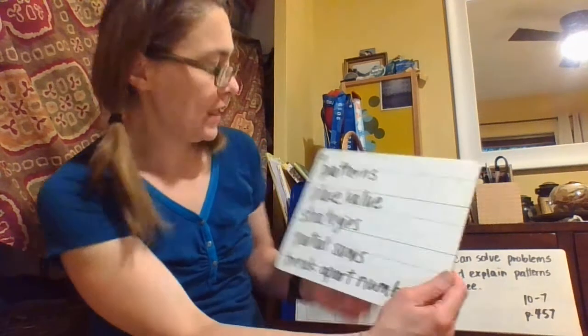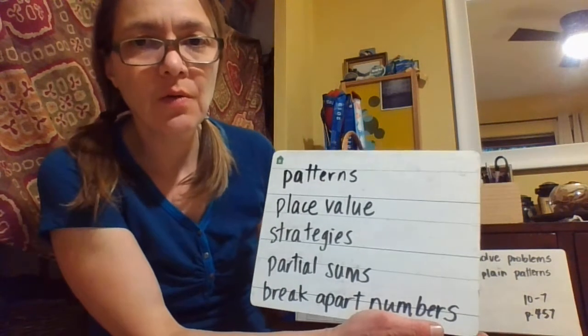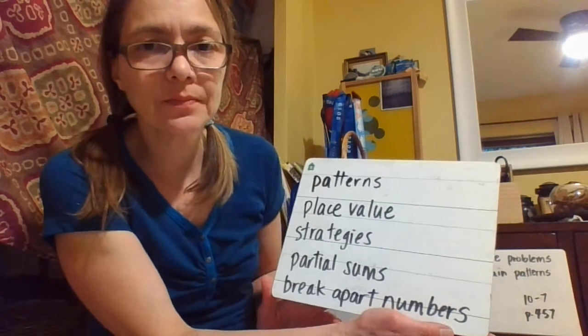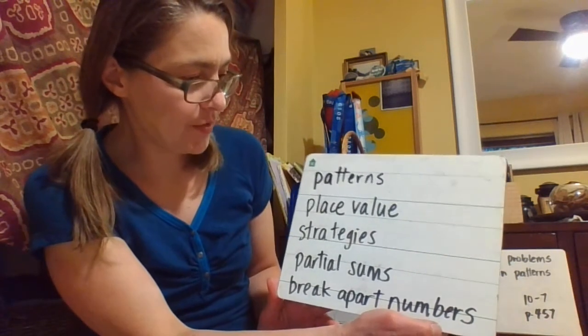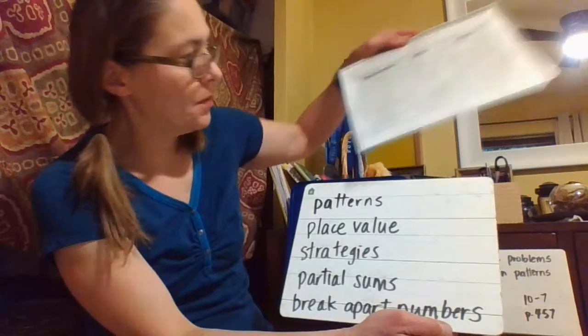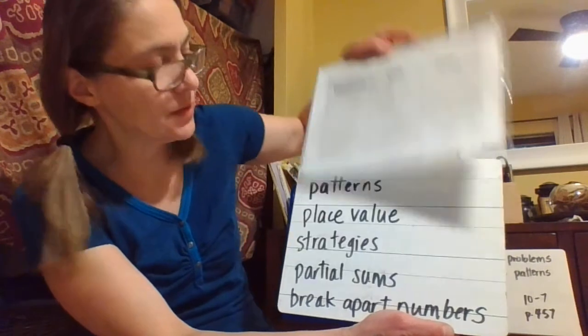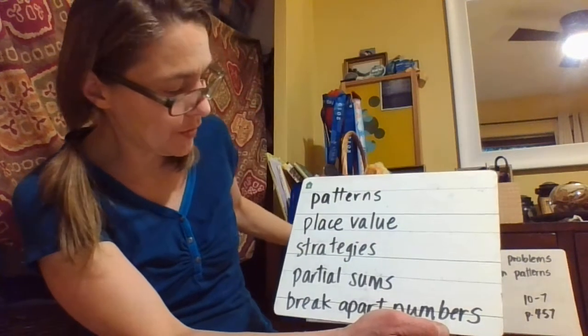All right, let's get started, and I have some vocabulary words I'm going to review with you. We are reviewing patterns, and patterns just means something that repeats. Place value shows where the digit is and what value that digit has in the place value columns.